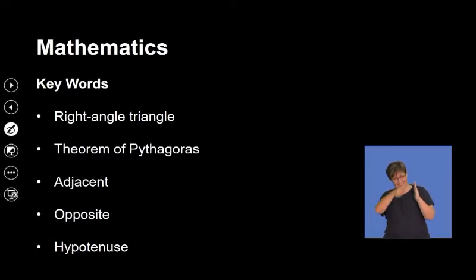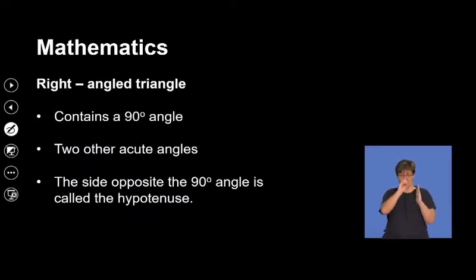Now, right-angled triangles are triangles that contain a 90-degree angle, and they also have 2 other acute angles, meaning they must be less than 90 degrees. Remember that with a triangle, if you add all the angles, you must get 180 degrees.